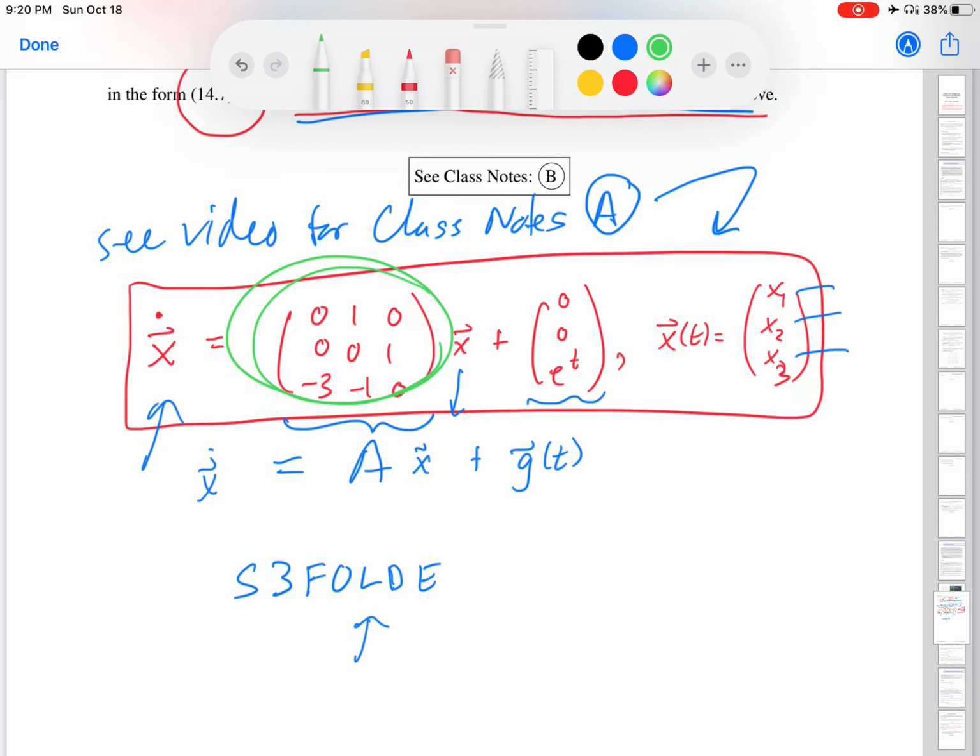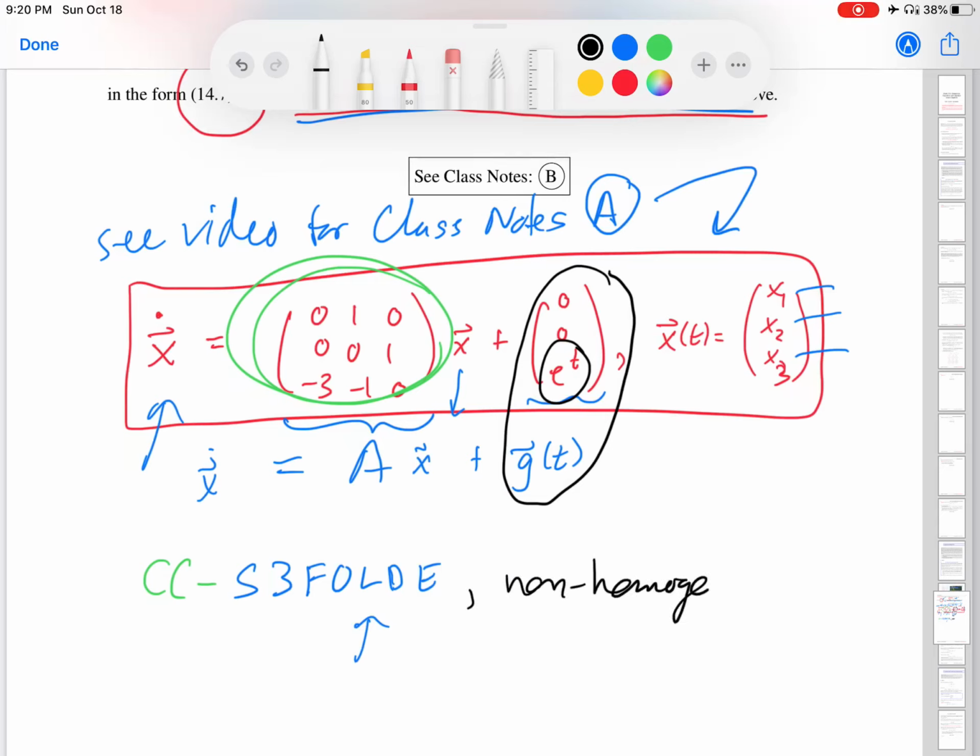They're all numbers. So it's a constant coefficient system of 3 first-order linear differential equations. And then finally, we'll look at the g. And the g is not the 0 vector, right? There is a g. This e to the t down here makes it not the 0 vector. So this makes it a non-homogeneous system. Okay, and that's the classification.